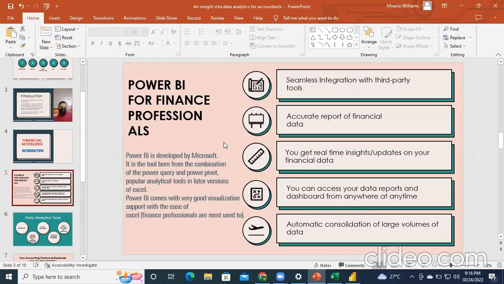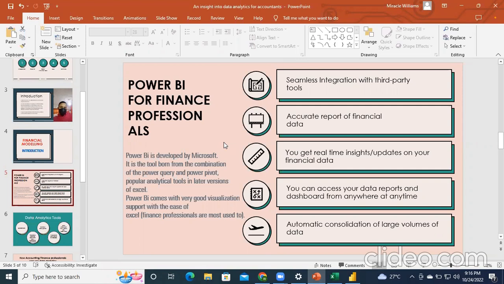it's a tool, like I said, for finance and accounting professionals, and it is developed by Microsoft. Okay, and you make use of it when you're trying to do your data visualization, which by the time we proceed with this class, you will see how most of these things will be coming to play one role or the other. So it has a lot of importance and other benefits. For example, accurate reporting of financial data.